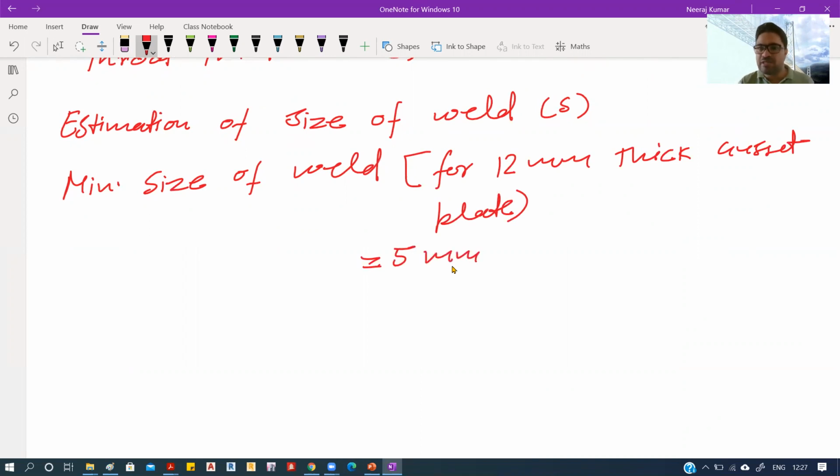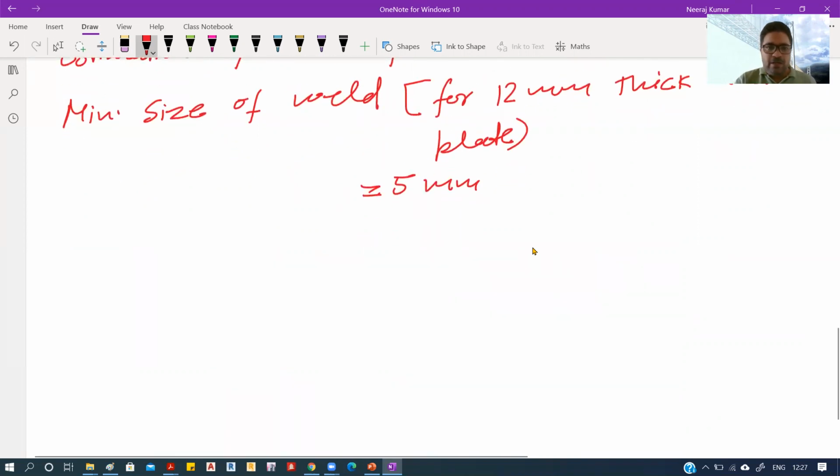So I hope you understand how we find out this 5 mm. Similarly, minimum size of weld can be 5 mm. Now we are finding the maximum size, maximum allowable size of weld.